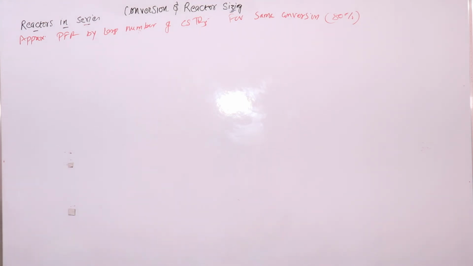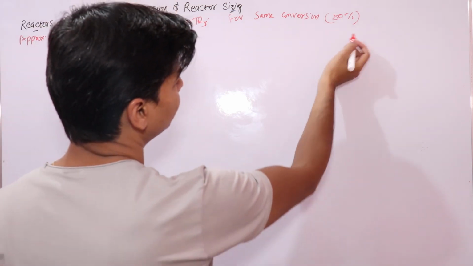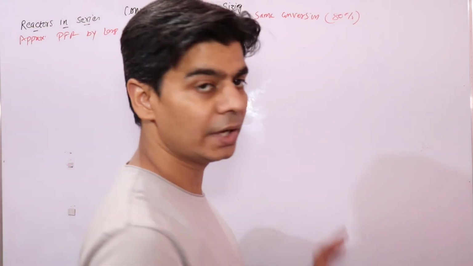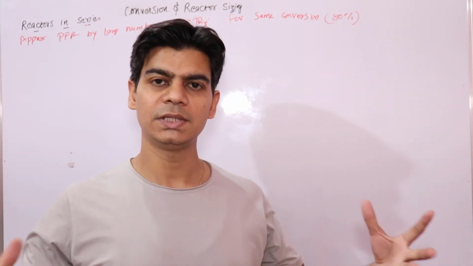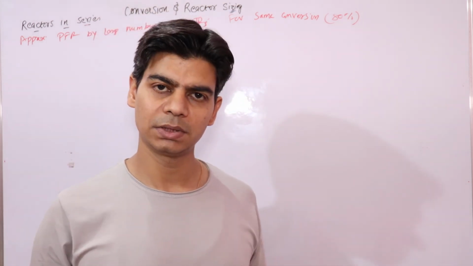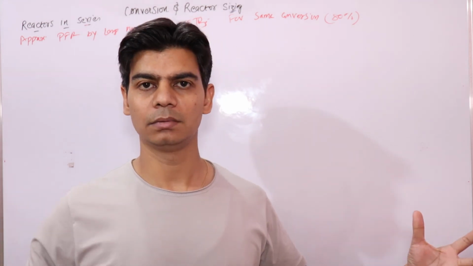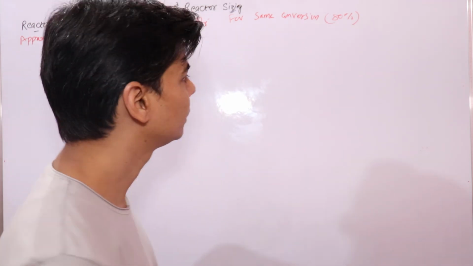Here the total volume to achieve the same conversion for 5 CSTR of equal volumes is roughly the same as the volume of a PFR. That is, if I want to achieve 80% conversion, either I take 5 CSTR reactors and combine them in series, or I take one big plug flow reactor, right?